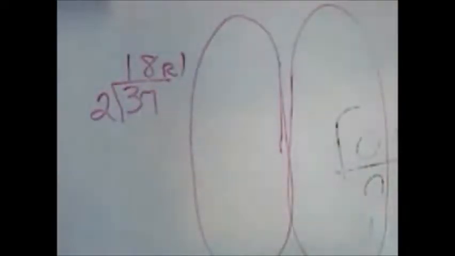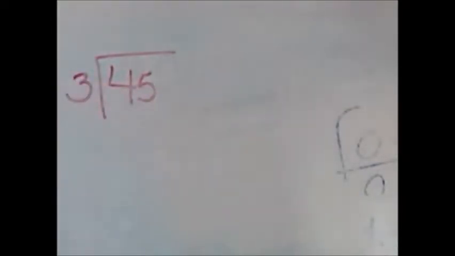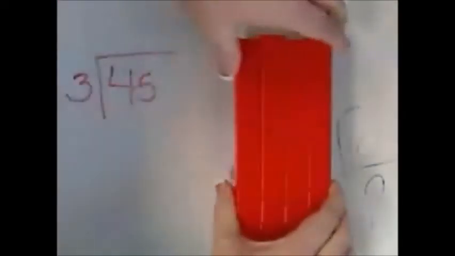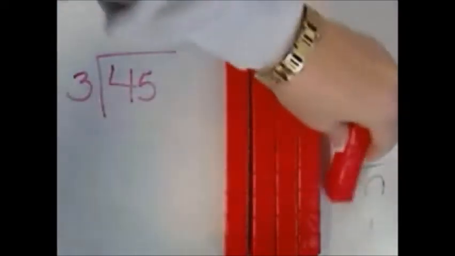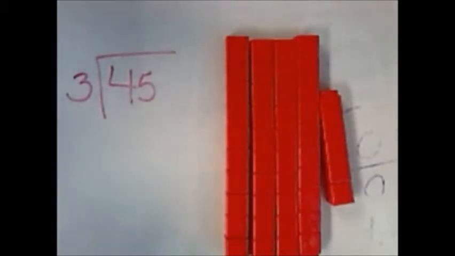And if you want to pause it, you can, but you don't have to because you don't have the Unifix cubes, so it may be kind of hard for you to do. But we're going to take 45 and I'm going to divide it by 3. So I've got my 45 and here's my 40 and 1, 2, 3, 4, 5, 45. And so I'm going to divide them up and see how many groups I can make.